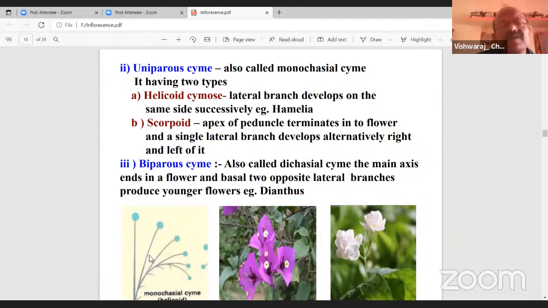This is like the helicoid type, but zigzag. One branch is produced on this side, the next on the other side. That is scorpioid.